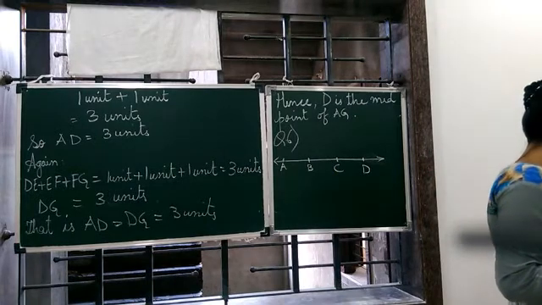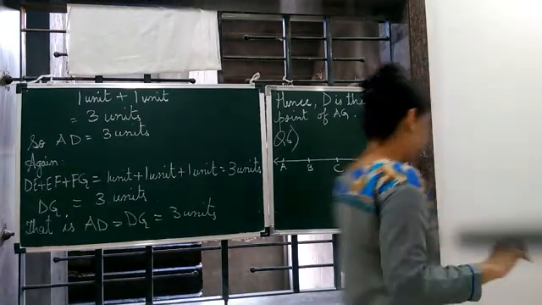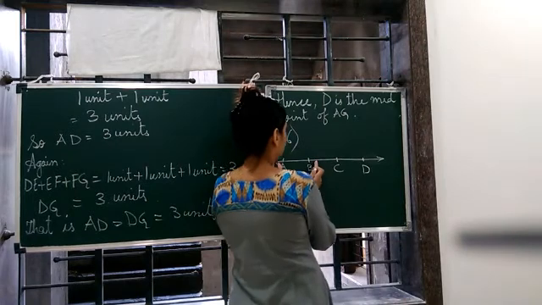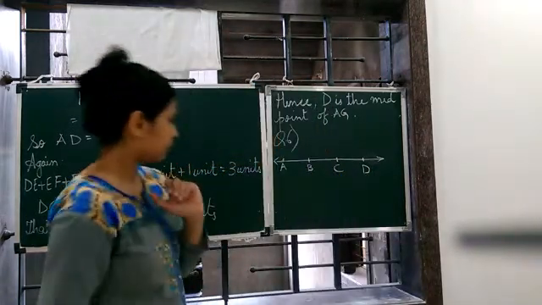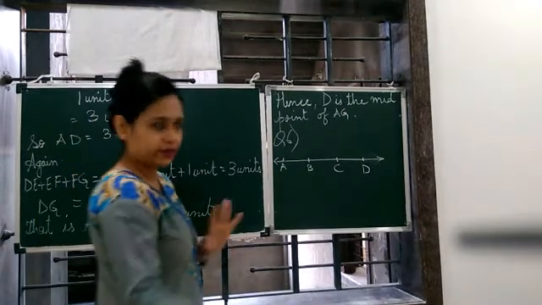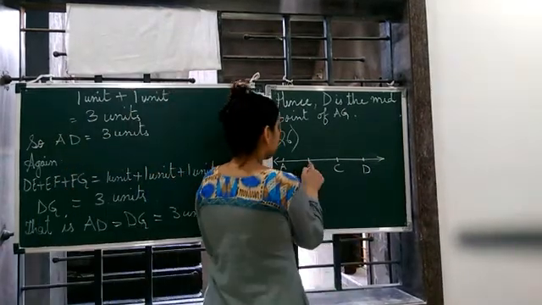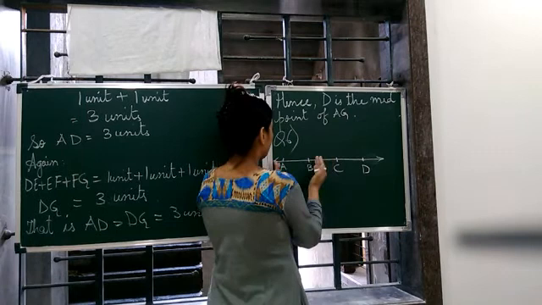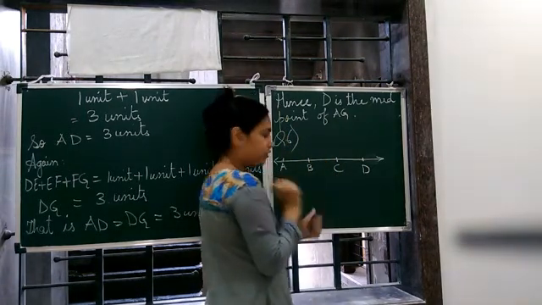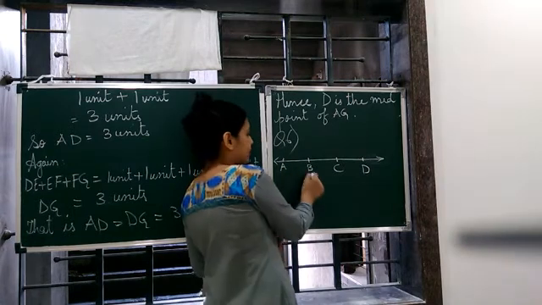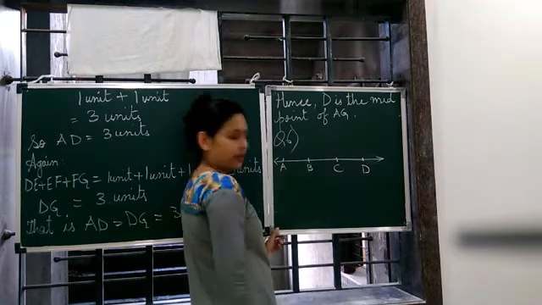A, B, C, D lie on a straight line. Then show that AB is equal to CD. So, very simple. Since this is the midpoint of AC, so AB is equal to BC. Let's write that first because this is given in the question that B is the midpoint of AC.